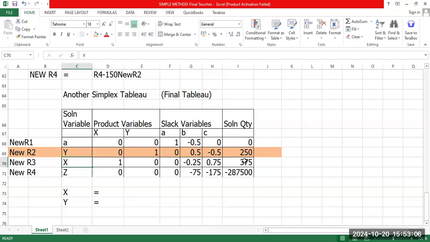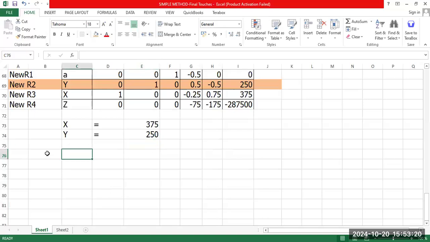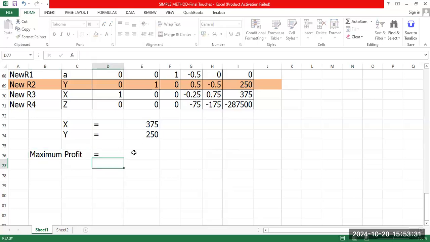X is this one, and then Y is 250. And your maximum profit is equal to how much? Shillings 287,500.